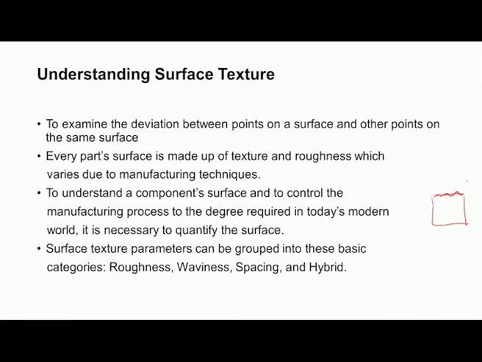It can be a rough texture or a very smooth texture, or it can have a very specific type of surface as shown in the previous picture. And then measurement of surface texture is very essential to understand a component's surface and to control the manufacturing process to the degree required in today's modern world.